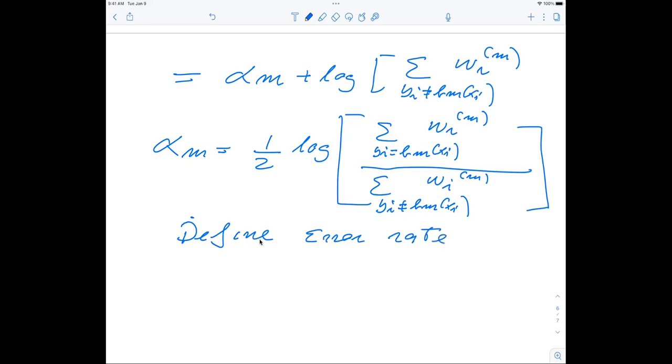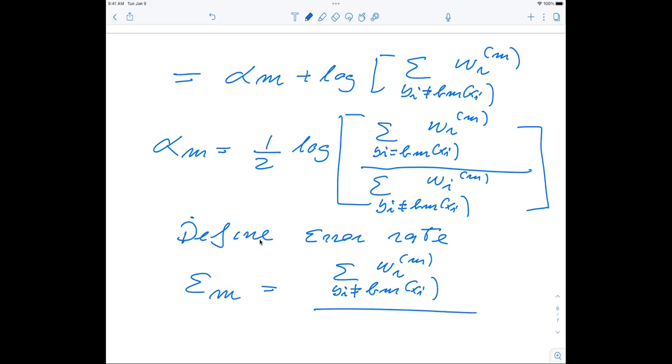So this is the number of misclassified divided by the number of data we classify. So it's common to actually introduce a parameter epsilon m, which is simply given by the sum over the misclassified ones of wi of m, divided by simply the sum over all the weights.